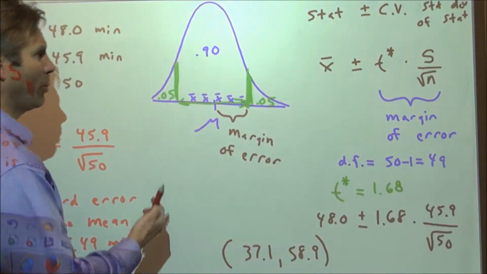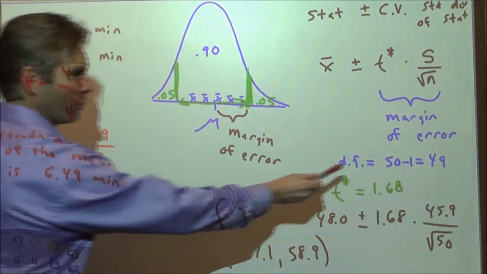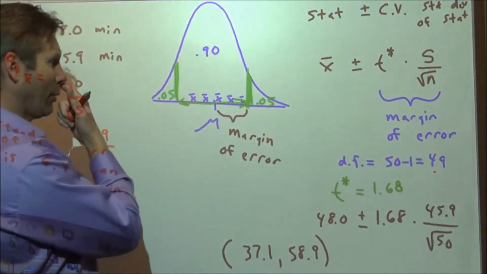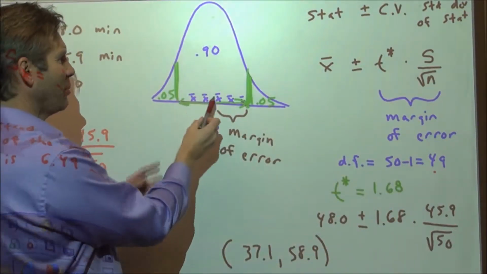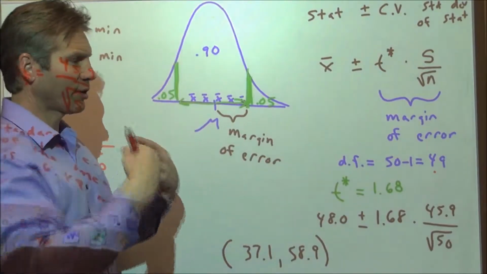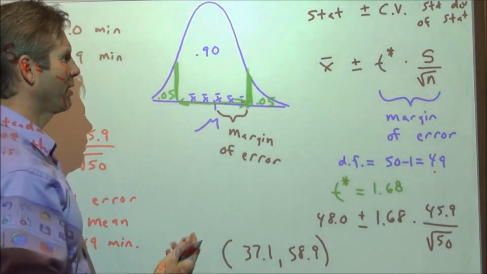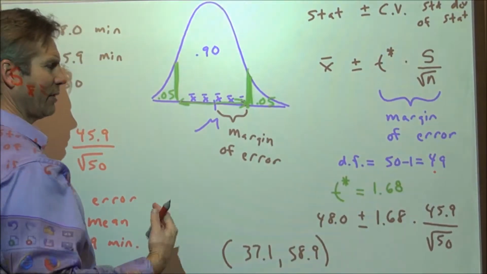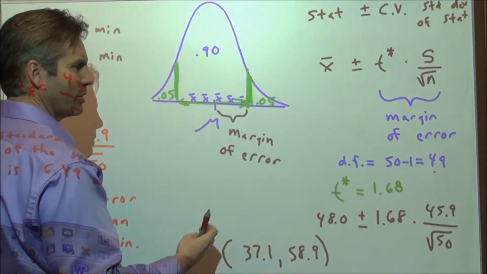And we can know, based on the degrees of freedom, which would be 49 in this case, where we would find the middle 90% of our sample means if we took many, many samples one after another. And where we find that, we can use inverse T on our calculator or our T distribution table.